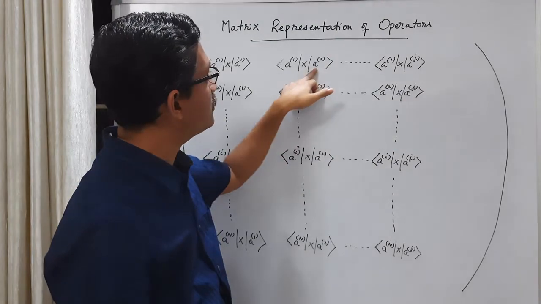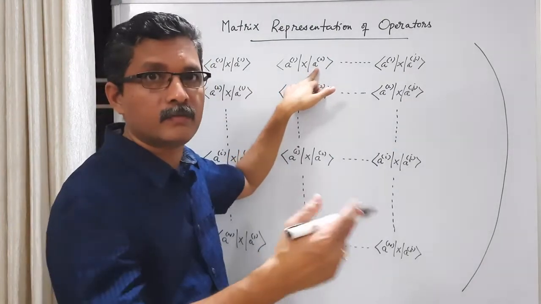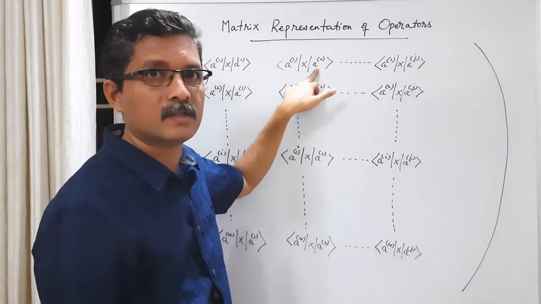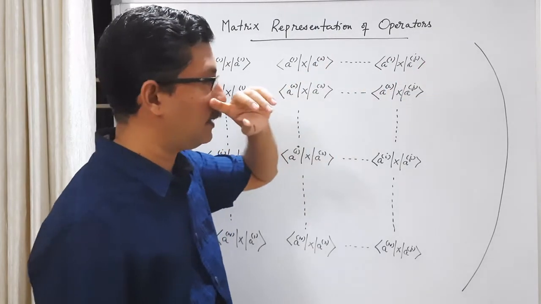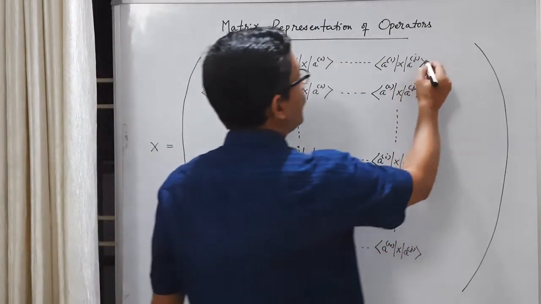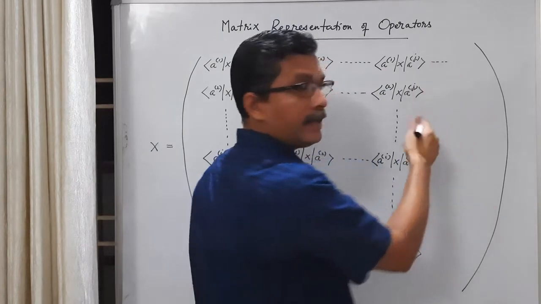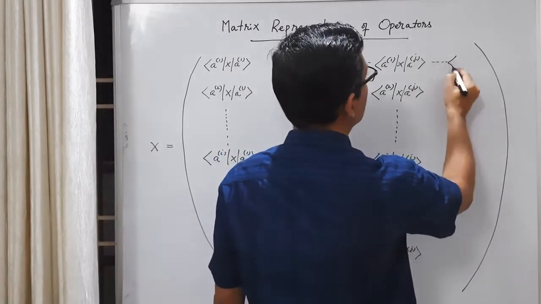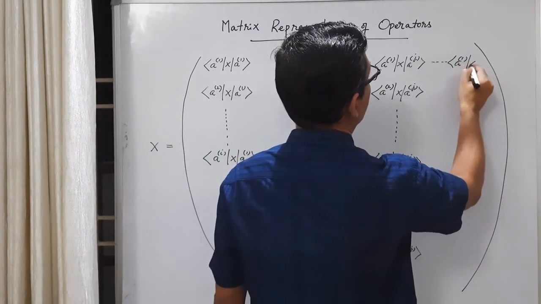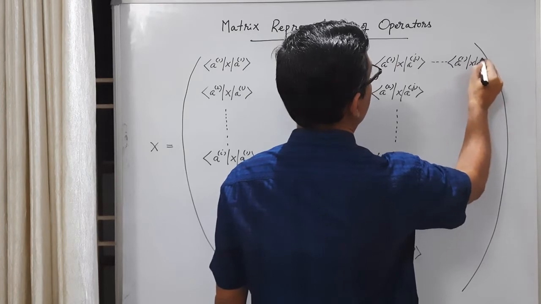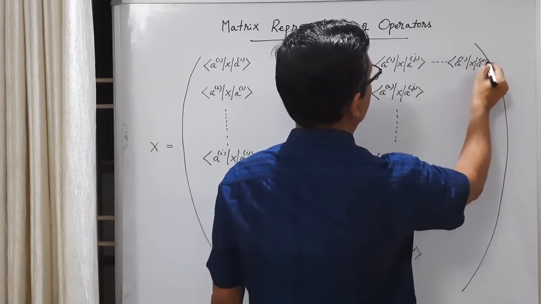The second ket vector: how many ket vectors are there? Ours is an n-dimensional vector space, so n kets will be there in the base set. So we need to go up to the nth column. First row, nth column: ⟨a1|x|an⟩.